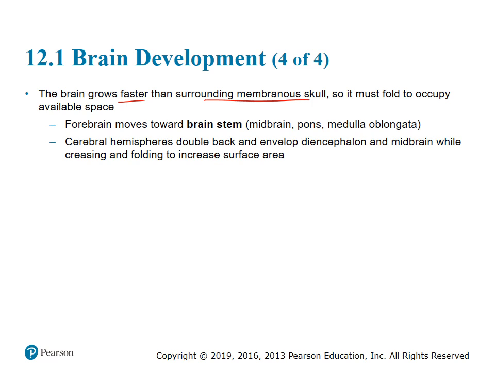It's going to start to fold in and fold out. And so when it does that, we start to see this folding all throughout the brain. The forebrain is going to go towards the brainstem. The cerebral hemispheres go double back, so they go back and forth.